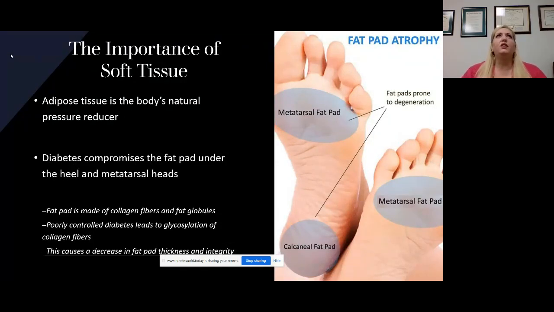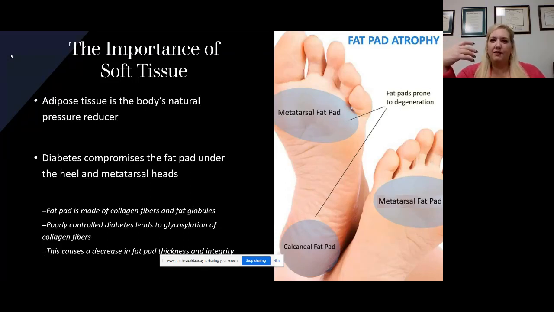So we talked about some of these trophic changes that can occur in patients with diabetes, and one of the things I mentioned was adipose tissue wasting or loss of that fat pad. Diabetes will compromise the fat pad underneath the heel and the metatarsal. That's our natural cushion for when we walk, again, against those ground reactive forces.